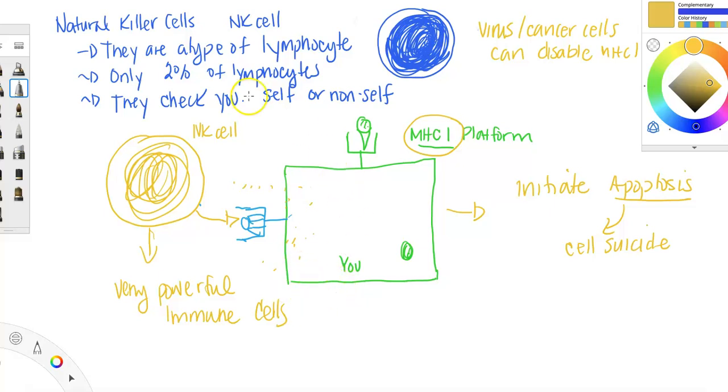The problem, remember, we only have that many in our body. So the problem with these cells is that they're so powerful that if you had a body full of these, it could probably cause some damage to you. Okay, they could like get out of control or something like that. I don't know, but scientists are looking into natural killer cells for that.